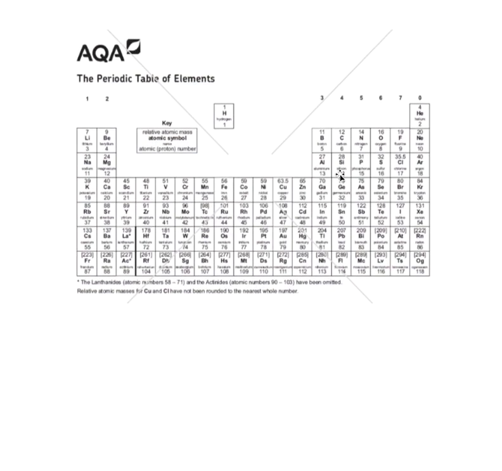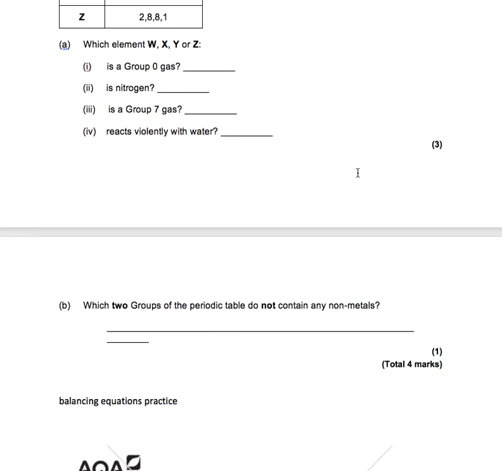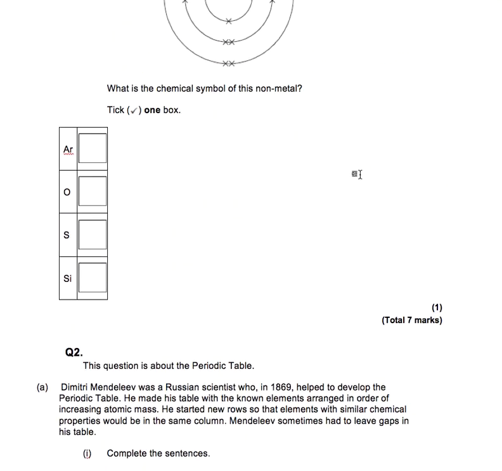So let's go, 6. Well, there's 2, 8, 6, right? So it's sulfur. Gotta be.